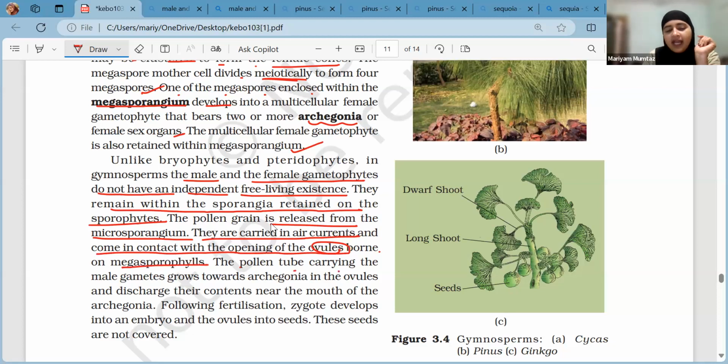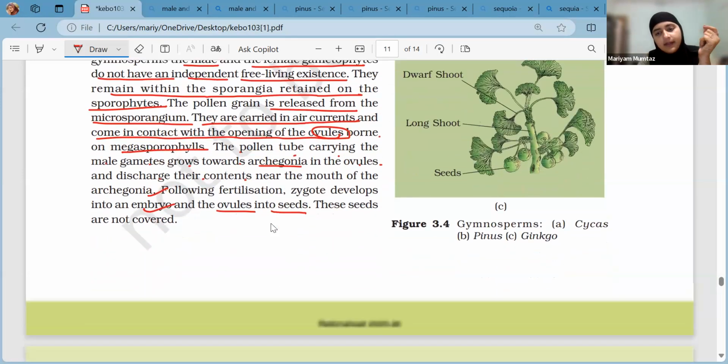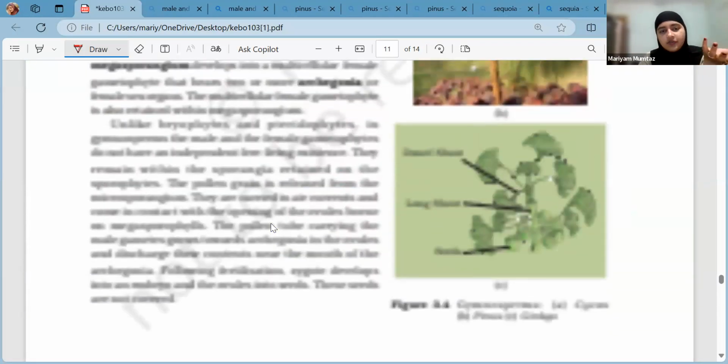The pollen tube carrying the male gametes grows towards the archegonia in the ovules and discharges its content near the mouth of the archegonia. After fertilization, the zygote is formed and develops into an embryo. The ovules develop into seeds, and these seeds are not covered. This is how gymnosperm reproduction is done.